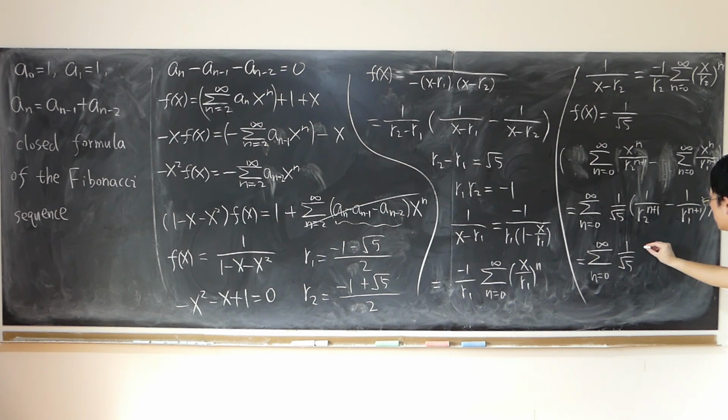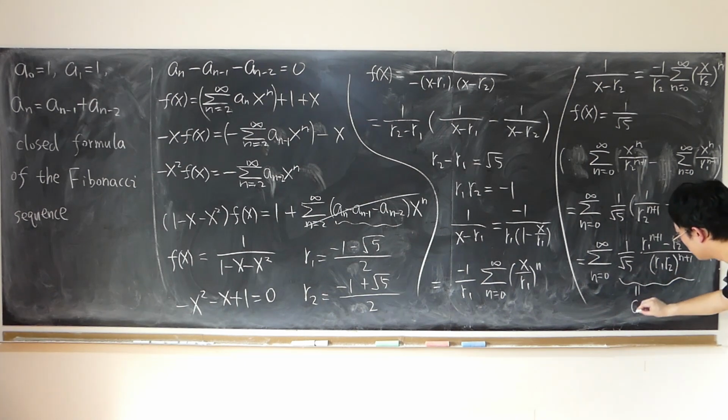Common denominator is r1, r2 combined together, raised to the n plus 1, and on the top that is r1 to the n plus 1 minus r2 to the n plus 1, together times x to the n. Right, so this whole part is a_n.